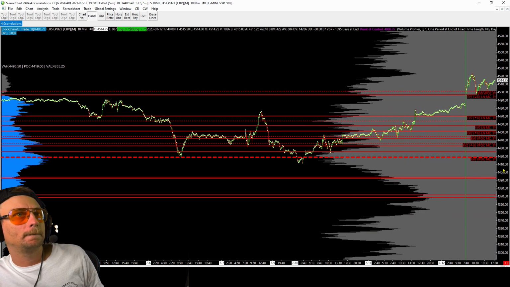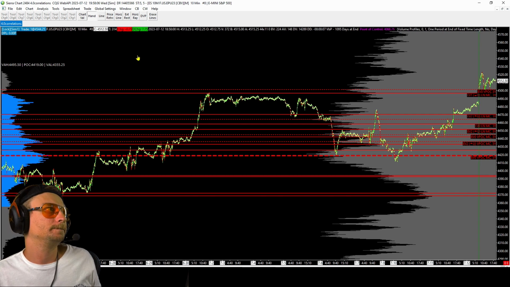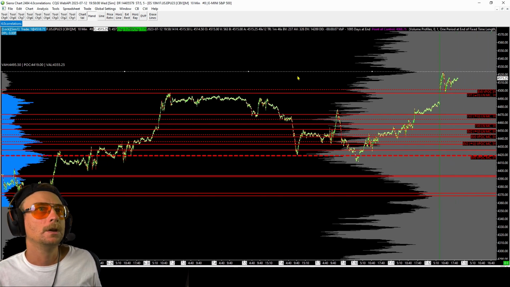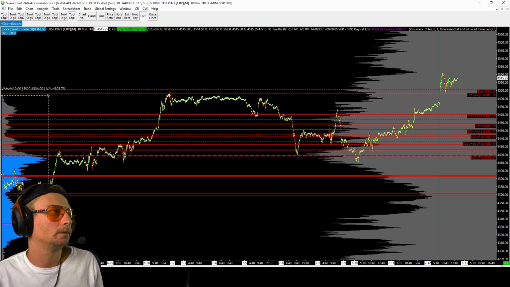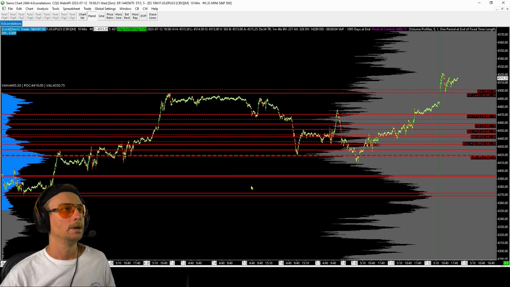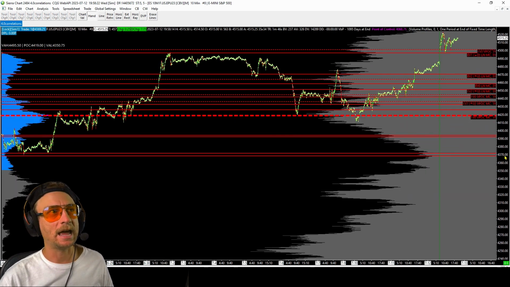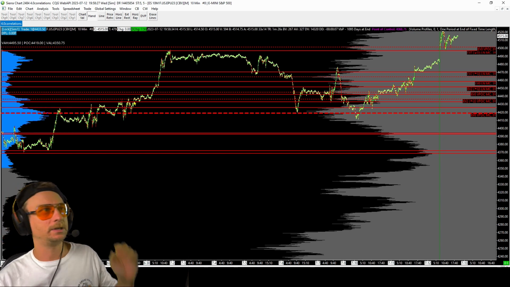I'll show you real quick. I'm going to grab this profile and shrink it. Oh, it was right here. So at this time when this was getting tested, this high node was here.